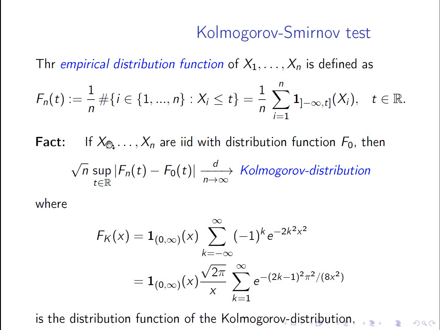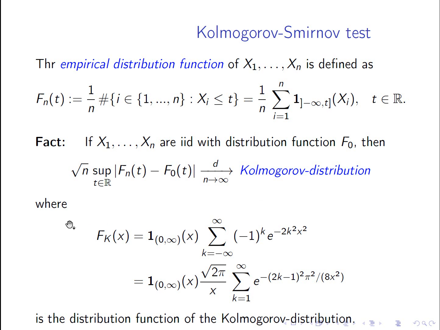If X1 up to Xn are IID with distribution function F0, and we compare the empirical distribution function and the supposed real distribution function, take the absolute value and sup, and then blow it up by the square root of n, this converges in distribution to another random variable, and this random variable has the so-called Kolmogorov distribution. So what does the Kolmogorov distribution look like?